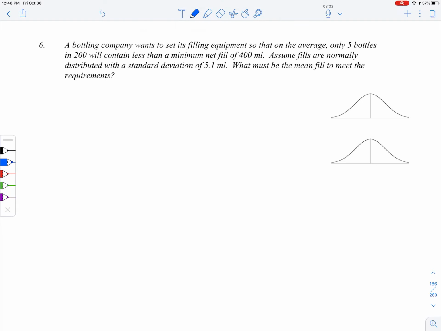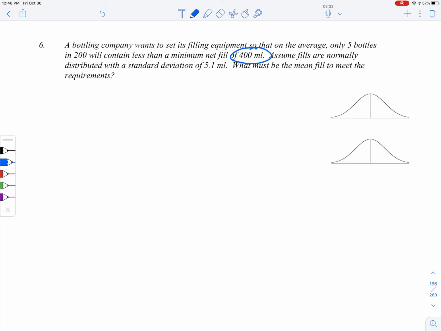I don't know exactly how it does it, but you want to make sure that it has a minimum net fill of 400 mils. Now, I probably could have put down 355, because if you take a look at a Coke can here, I think it says that there's 355 milliliters in it.